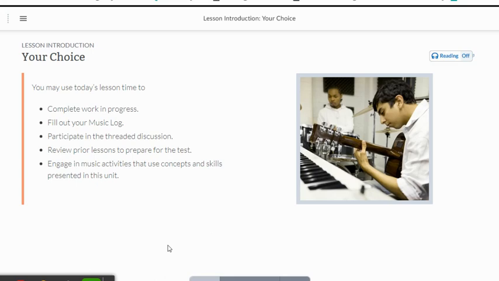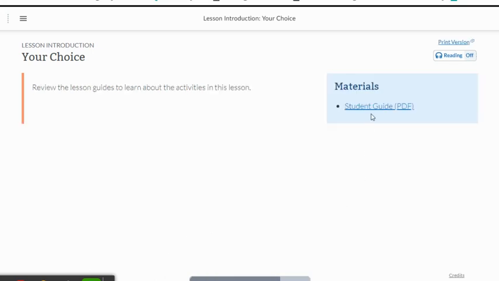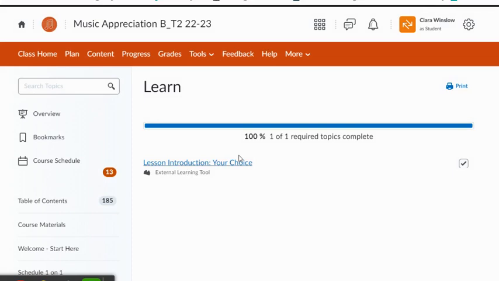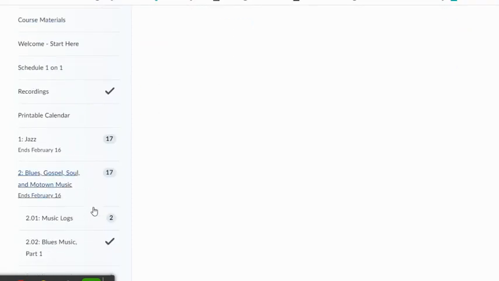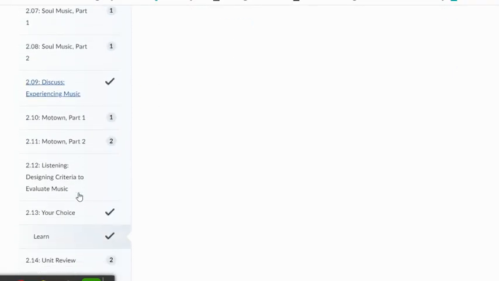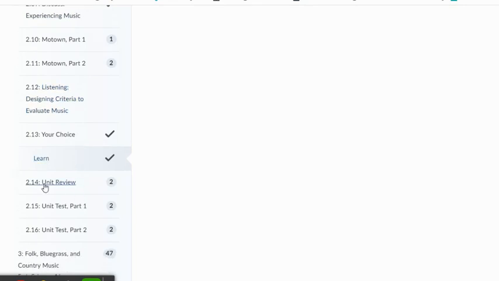Okay, so on the second page, there's always a student guide, which in this case is not as important as it will be for the reviewing. If I go back to content, it takes me to the content of what we're doing here. And then you can come down to 2.14, or maybe you're doing that on a different day.